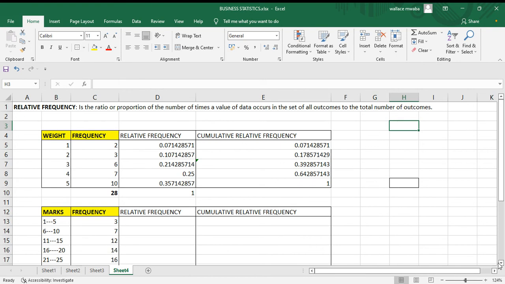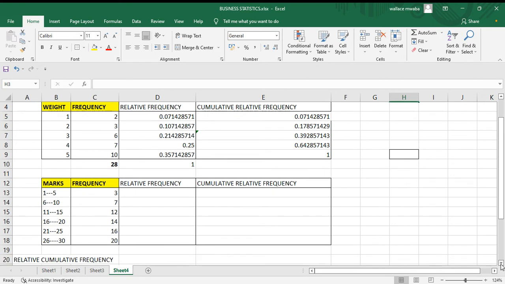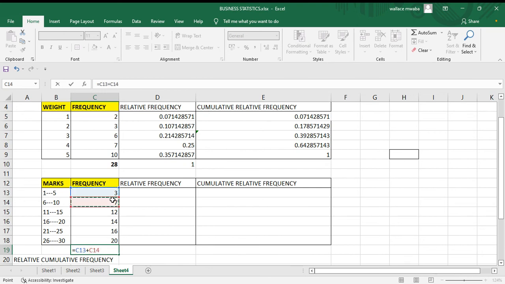So let's go to example 2. All right, let's total up our frequencies. So say 3 plus 7 plus 12 plus 14 plus 16 plus 20, we get 72.